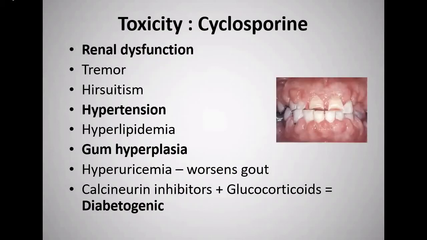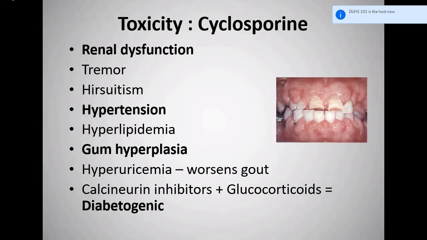Every drug has side effects, and this drug does too. The main side effect is suppression of the immune system, so the patient is liable to infection. But we always have to weigh the risks and benefits. In a transplant patient, we cannot take the risk of having an active immune system, so we suppress it. Other side effects besides immune suppression include renal dysfunction, hypertension and hyperplasia.